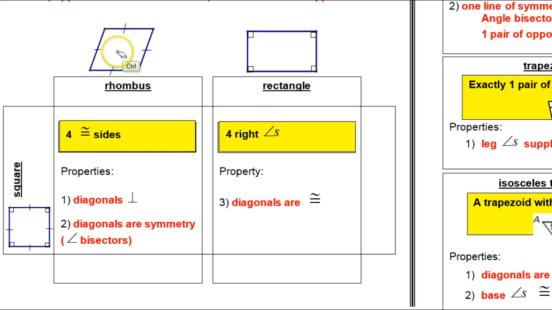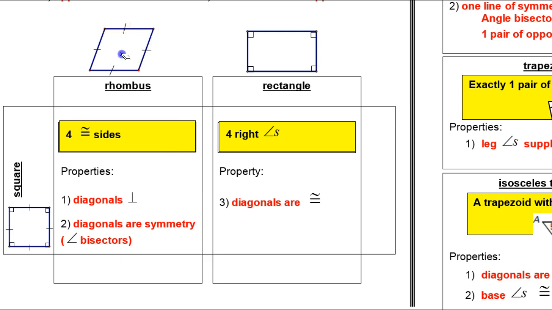So, any parallelogram that has 4 congruent sides will be a rhombus. It has 2 additional special properties all of its own that you need to memorize. One is that the diagonals of a rhombus are perpendicular. Those are the diagonals. For a rhombus, these form a 90-degree angle. That's not true for other parallelograms.